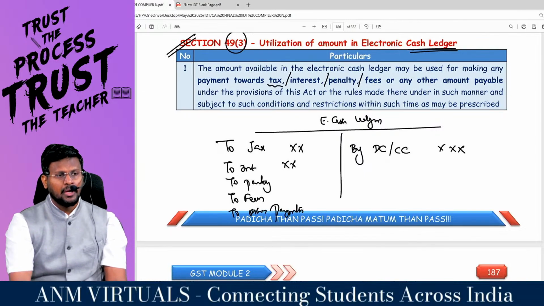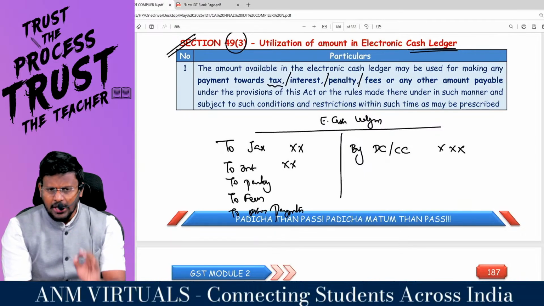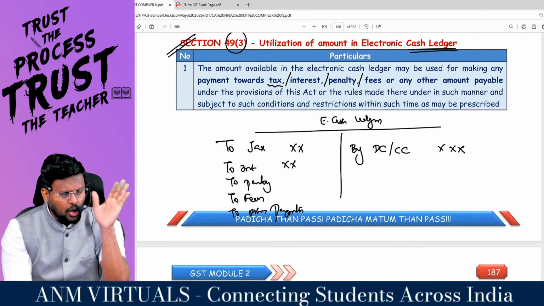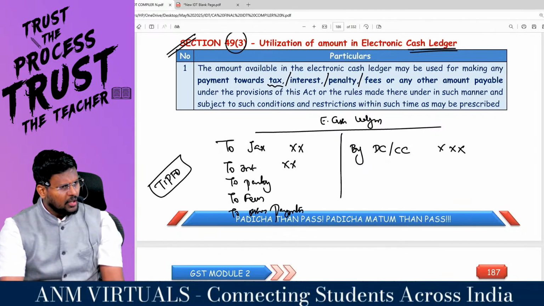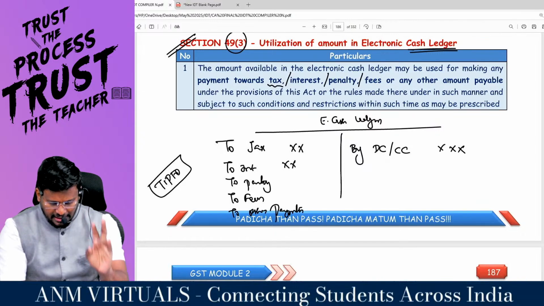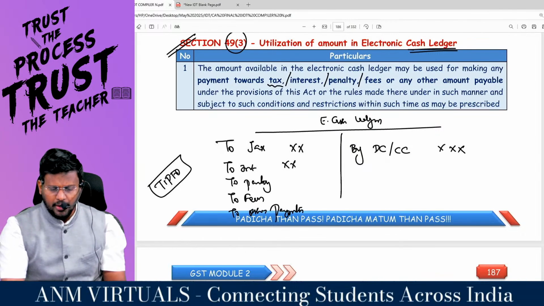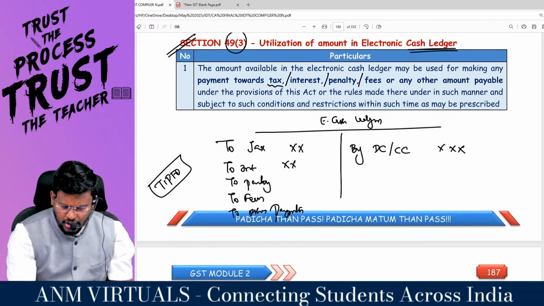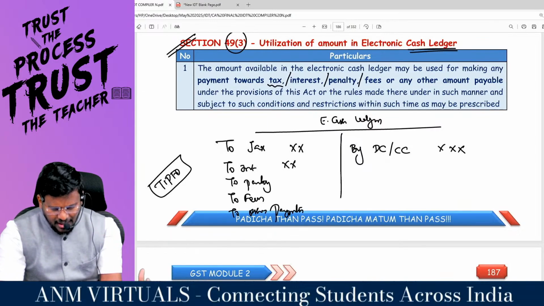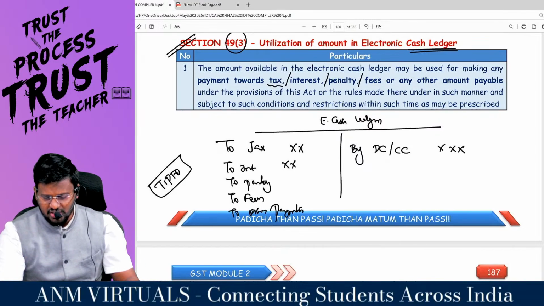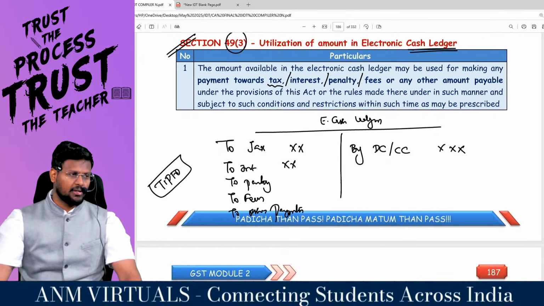Are you all really with me? You can utilize that for TIP F: tax, interest, penalty, fees or any other amount payable under the provisions of this Act or the rules made thereunder, in such manner and subject to such conditions and restrictions, within such time as may be prescribed.